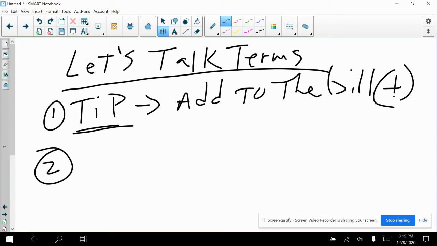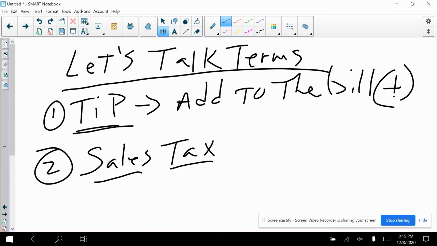Okay, number 2, something called a sales tax. Okay, and we talked about this, I believe. In Stark County, our sales tax is 6.5%, right? And I think in our example, we made this easy in class a week or two ago.